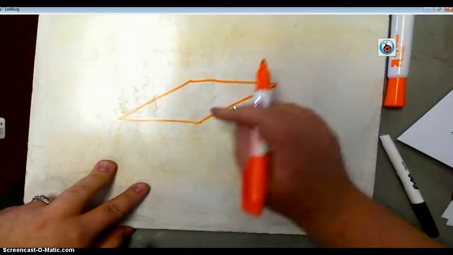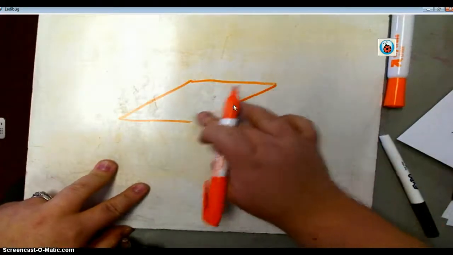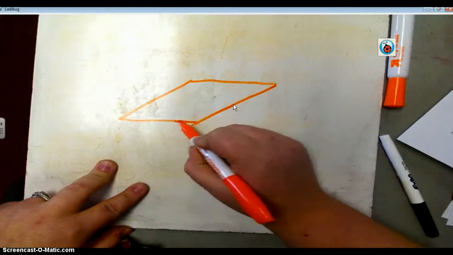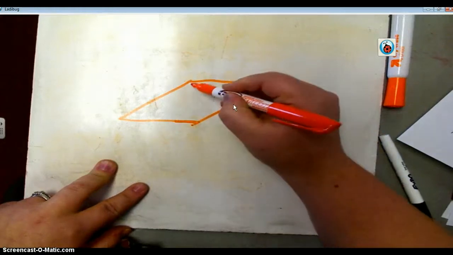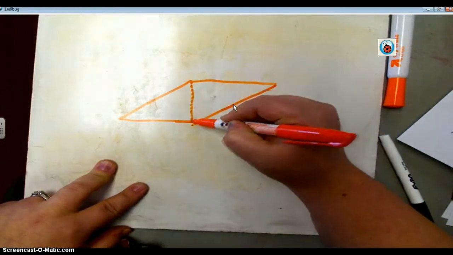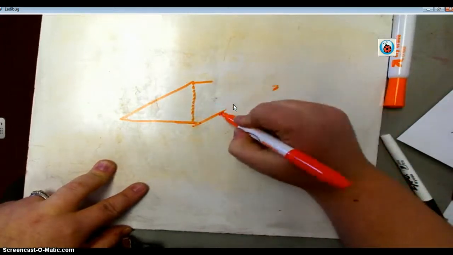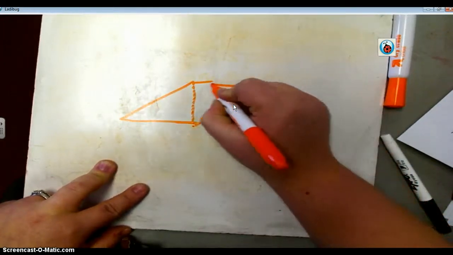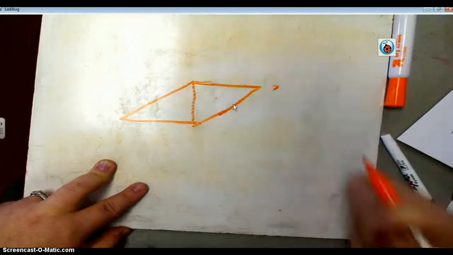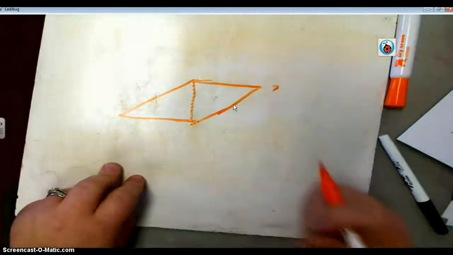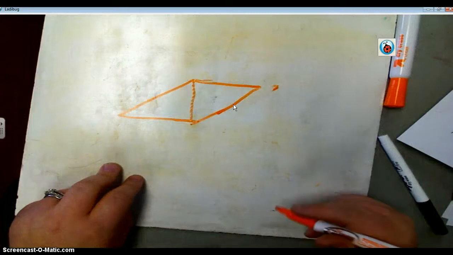Would you agree with me? Okay, would you agree with me that that's a parallelogram? Yeah. Would you agree with me that that's a height?